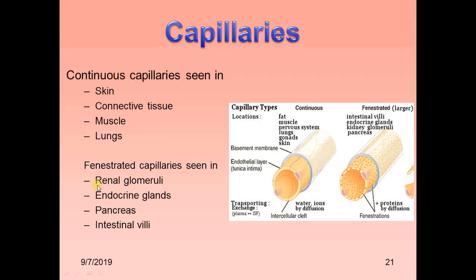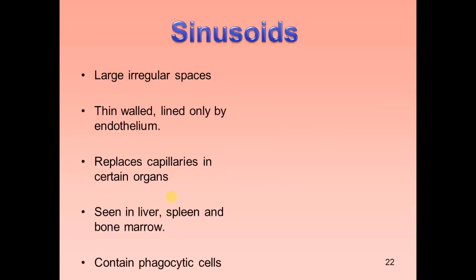So large molecules can pass out from the renal glomeruli, and naturally secretions of the endocrine glands enter into the bloodstream, as in the pancreas and intestinal villi. So here there is absorption of nutrients. For that purpose, you are able to see large and fenestrated capillaries in these places. So you have continuous capillaries, and next are the fenestrated capillaries.